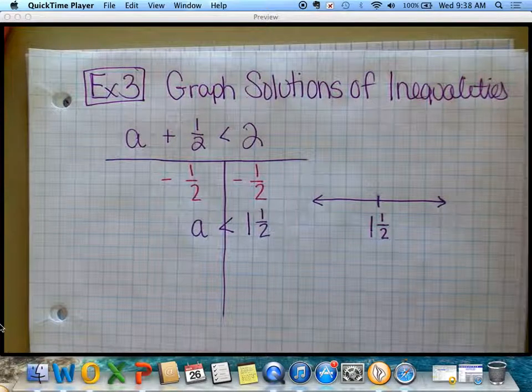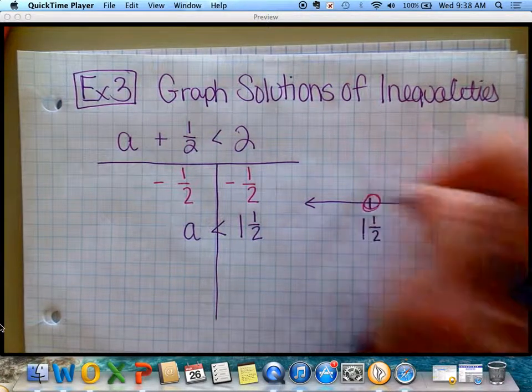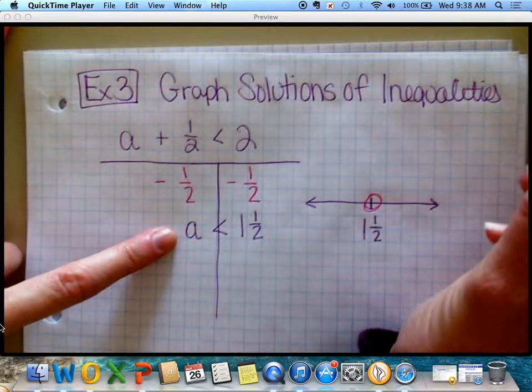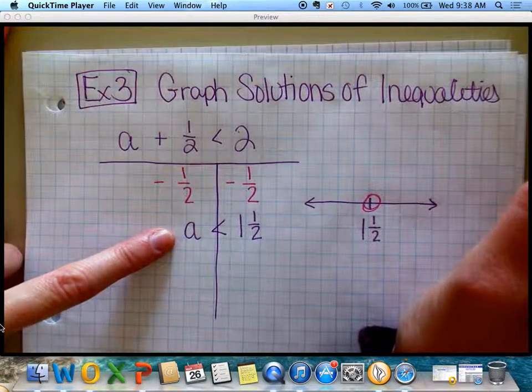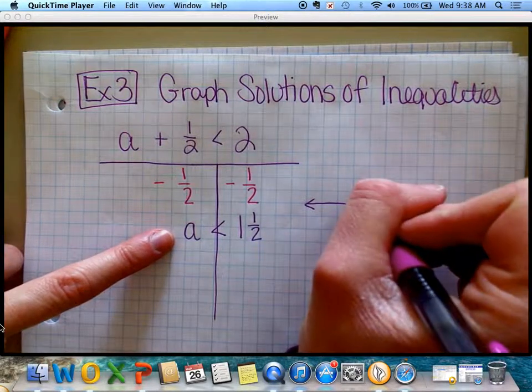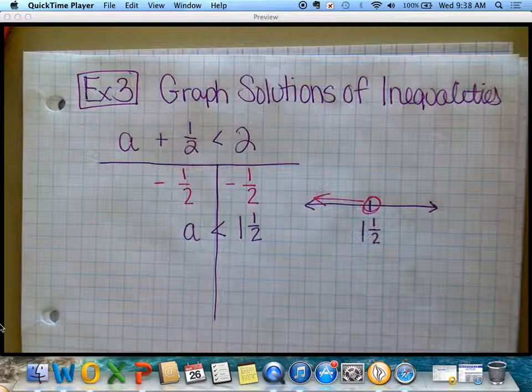Open. If my variable is on the left, remember I can use that as a guide to which way the arrow points. So is my variable on the left? Yes, it is. So which way does my arrow point, left or right? Left. Good job. Correct.